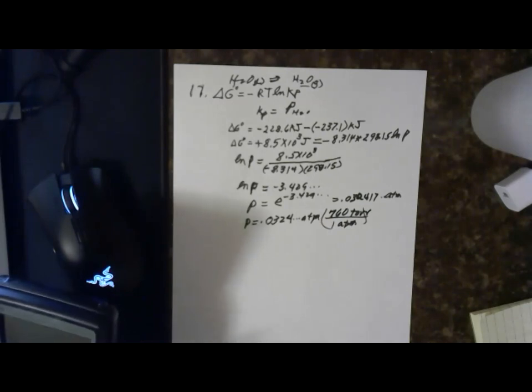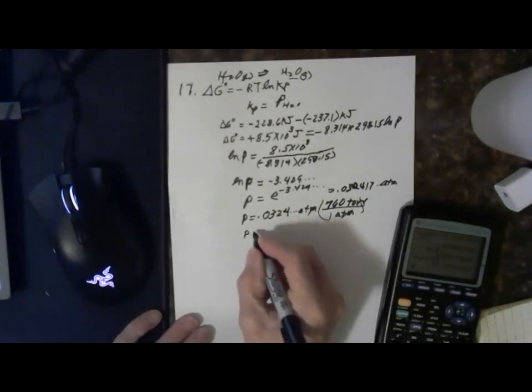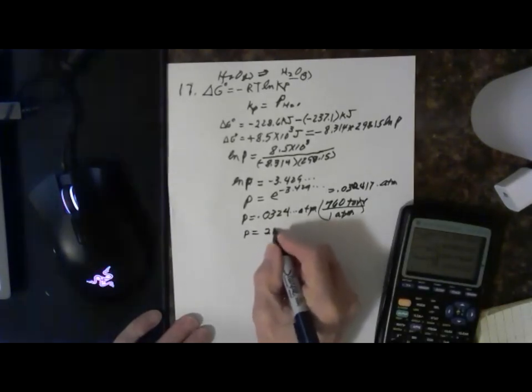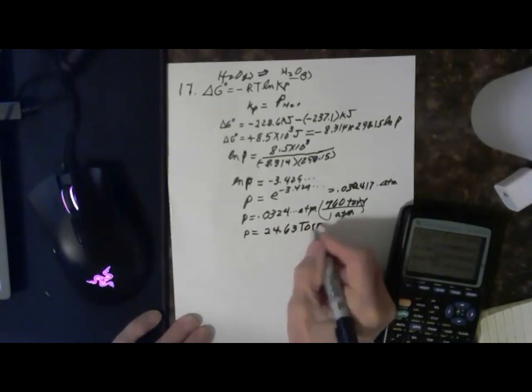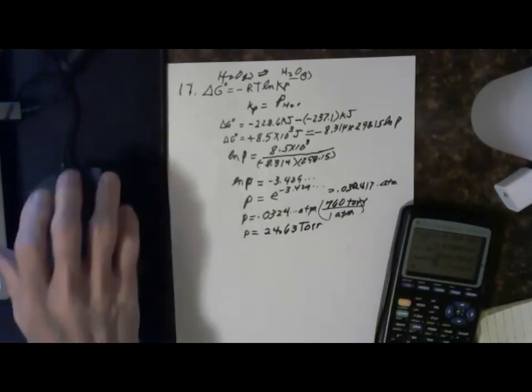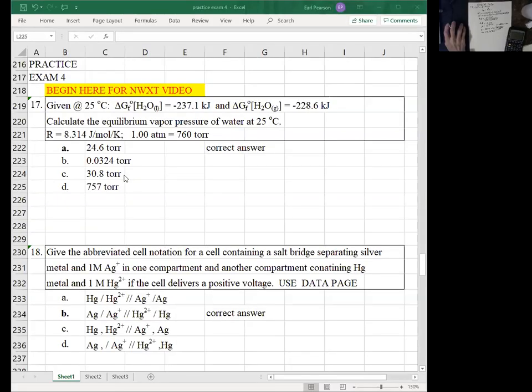And I get 24.63. P is going to be equal to 24.63 torr. So if we go back and take a look at our answer, I think this is the correct answer. Yes, 24.6 torr. Now, let's look at number 18.